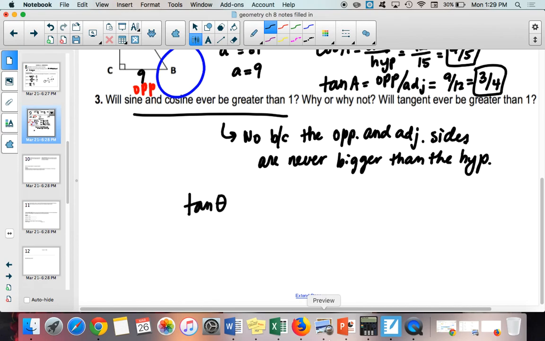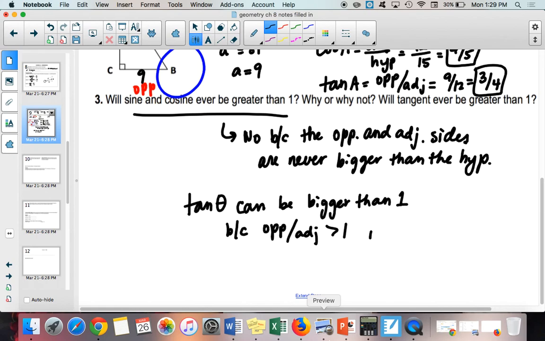So tangent of theta can be bigger than 1, because opposite over adjacent could be greater than 1 if opposite is bigger than adjacent.